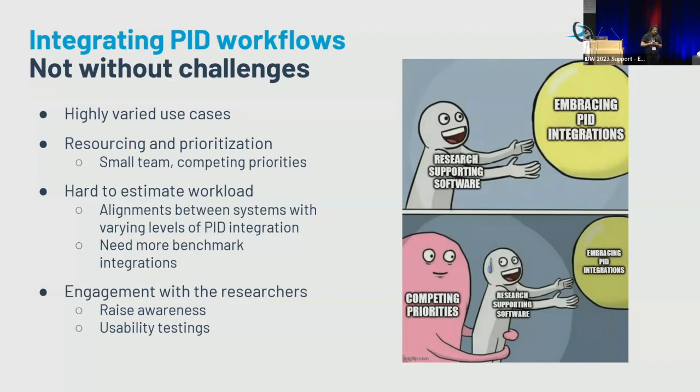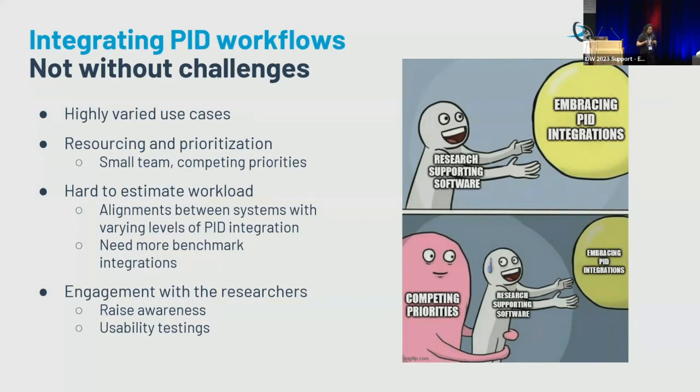They're very highly varied use cases across different platforms, and resourcing and prioritization is always in the conversation. Usually research tools are maintained by small teams and they all have competing priorities. And it's very hard to estimate workload.